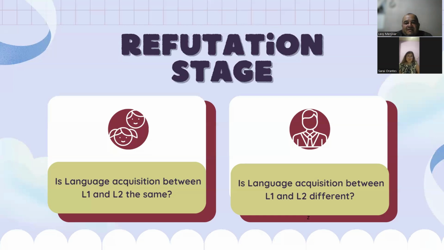And this is why, for example, when children mispronounce a word, we have to give feedback. In this case, they have to learn the correct way to speak. But I refer to this because it happens normally, but not all the children learn in the same way.